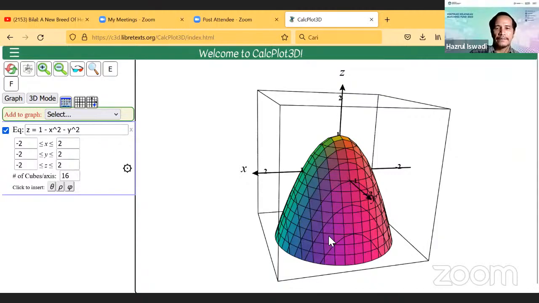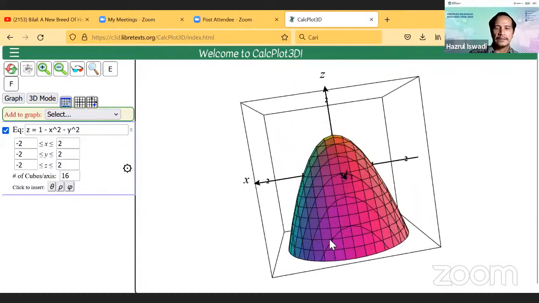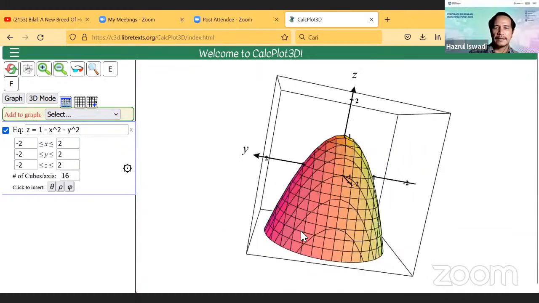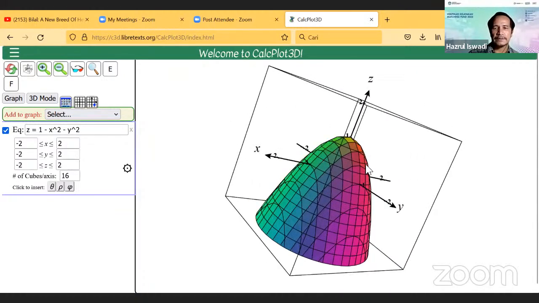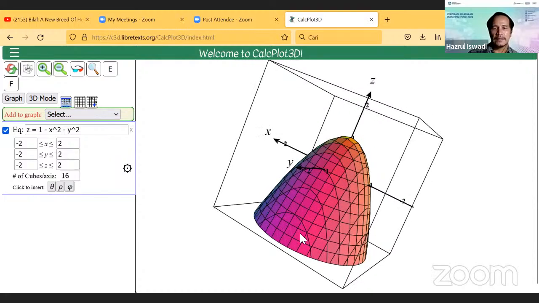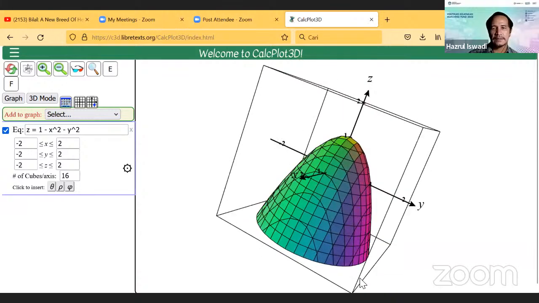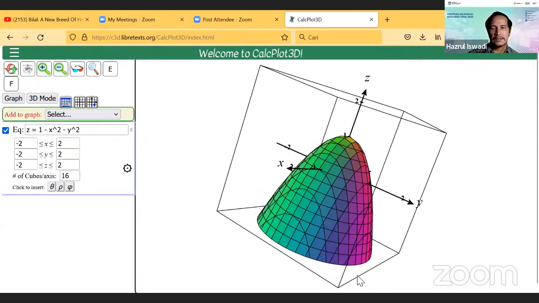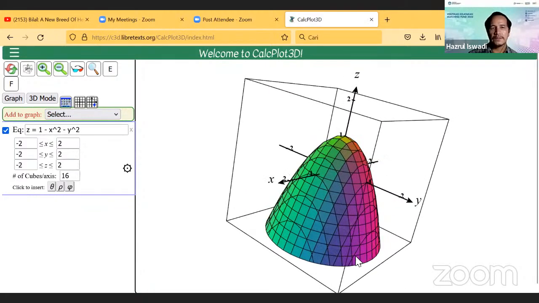I will have this kind of picture. You can see that the top of the paraboloid is 1 on the z-axis, the top of the surface.